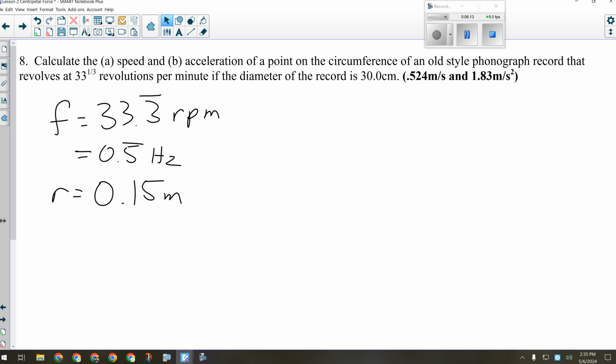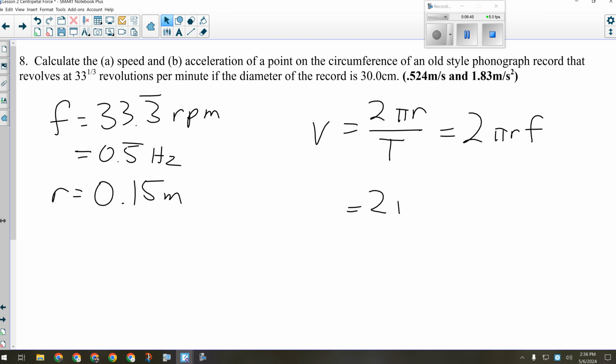Okay, now that I've got those things, I want to calculate the speed and the acceleration of that record. So v equals 2 pi r over t. Now, one of two ways you can do this: go 1 over this number to get your period, or just know that since f is 1 over t, I could simply multiply by the frequency and get my speed.